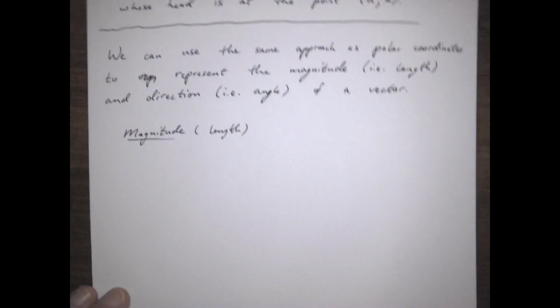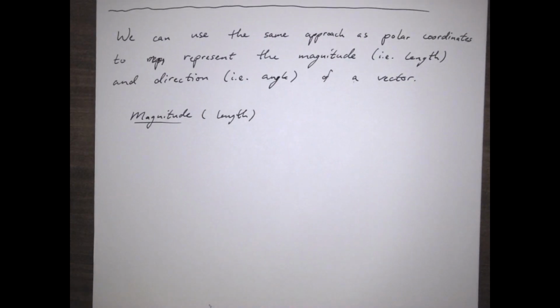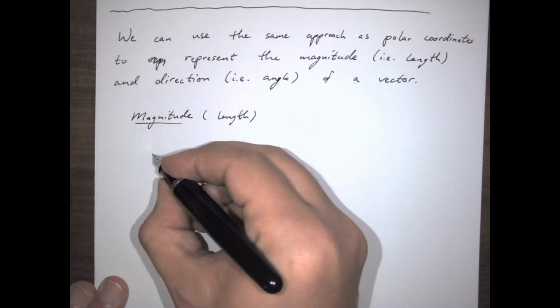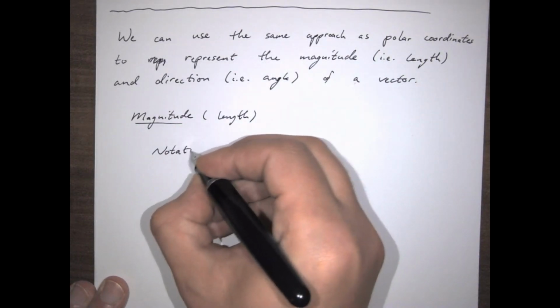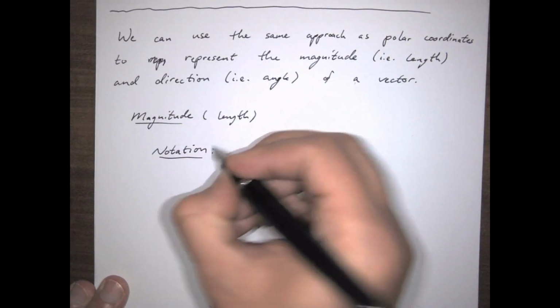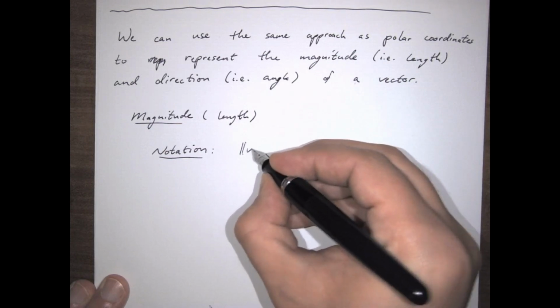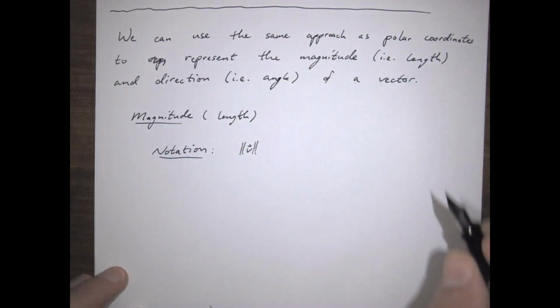So this corresponds with the r from polar coordinates. And first off, the notation. Use just like a double barred absolute value.